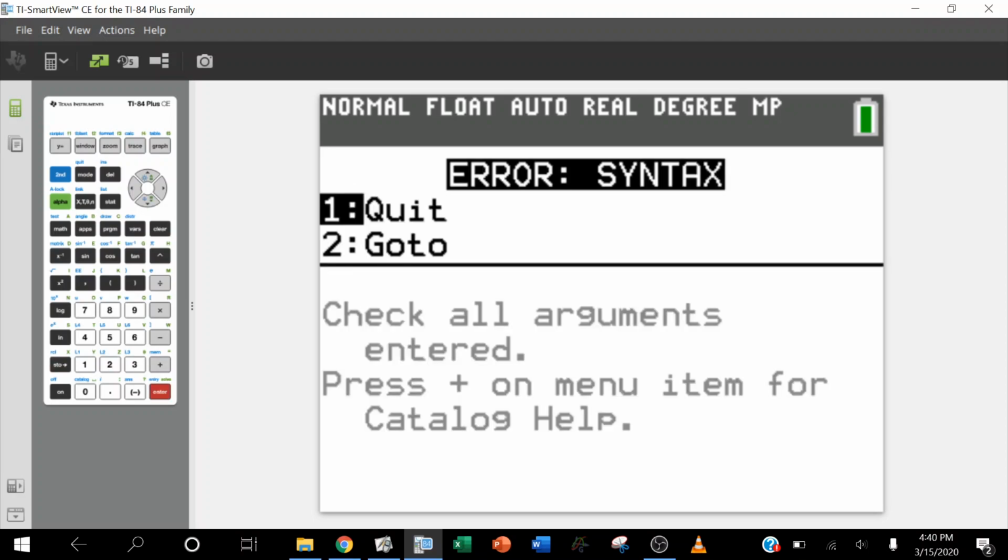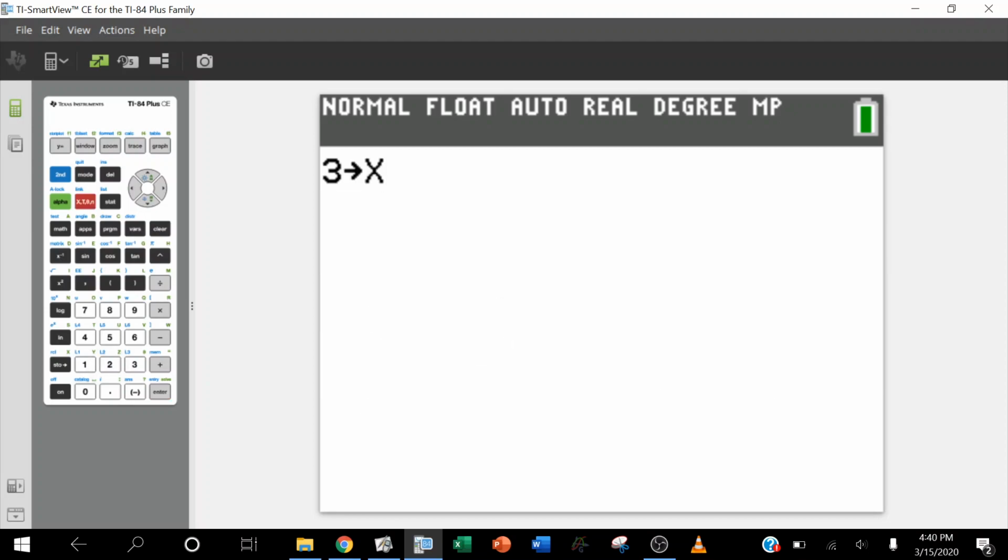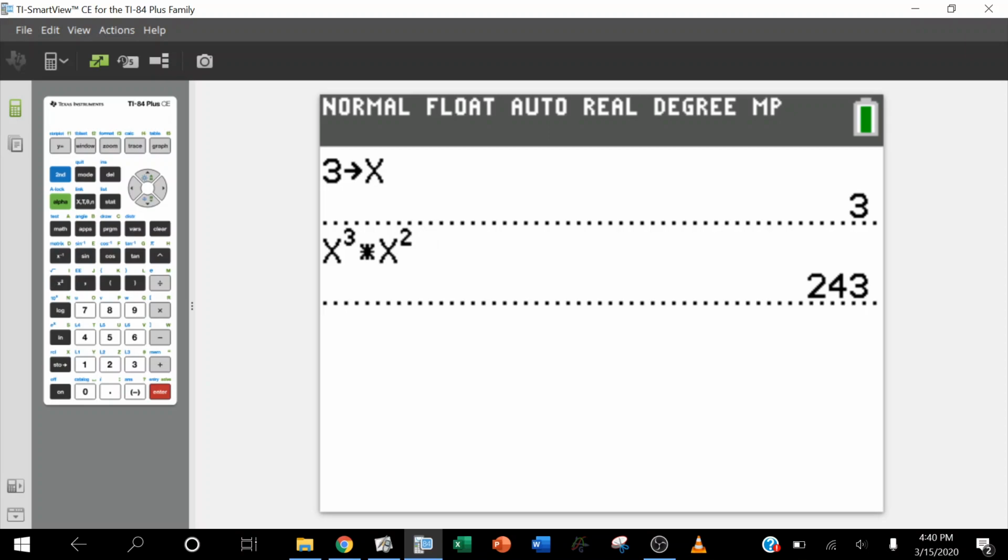Then what I want to do first is type in the question, which for this one was x cubed times x squared, and get an answer to that. This 243 would be if I had a 3 in for x and did 3 cubed times 3 squared, that would be 243.